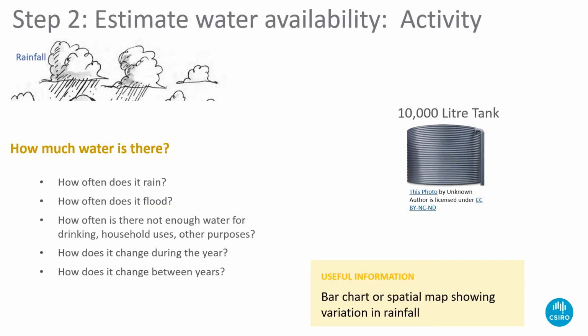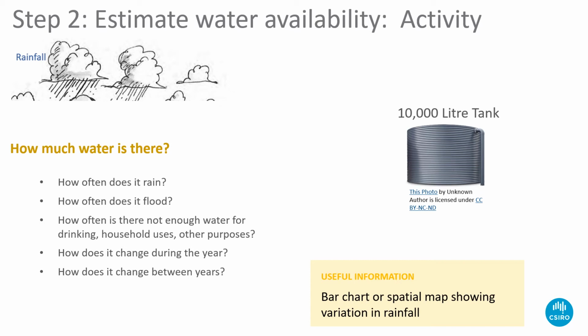We can also do this qualitatively as an activity with communities by asking questions such as how often does it rain, or how often does it flood, or how often is there insufficient water for drinking or household purposes.